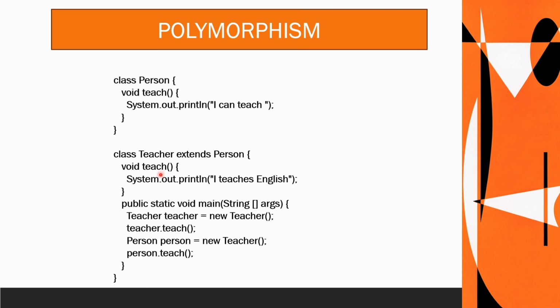I'm changing this from I can teach to I teach English. Which function has to be called is decided at runtime, which is known as dynamic polymorphism or overriding. These are the two things, overriding and overloading. We can also say static polymorphism or dynamic polymorphism.